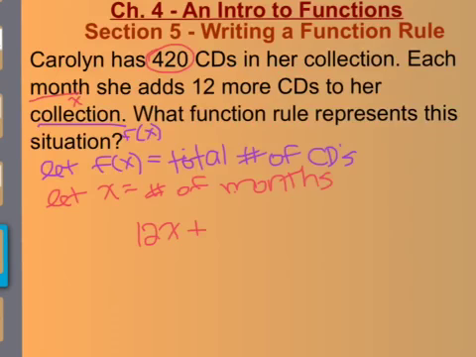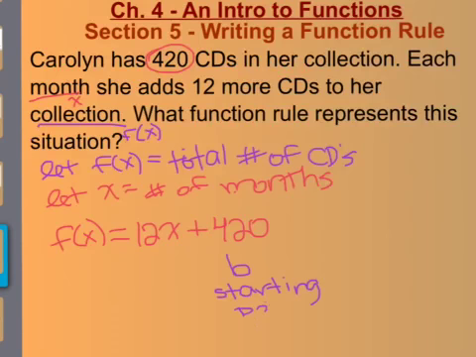The starting point was 420, and this equals the total amount of CDs, which is our f of x. So in this case, our b is 420 because that's what we start at, and our slope is 12 because it's increasing 12 CDs per month.